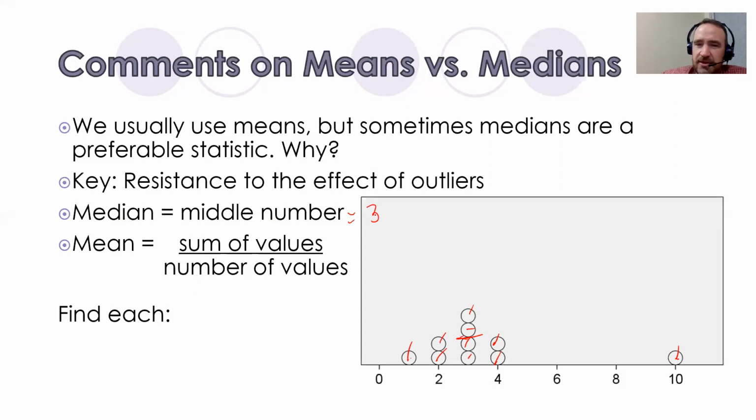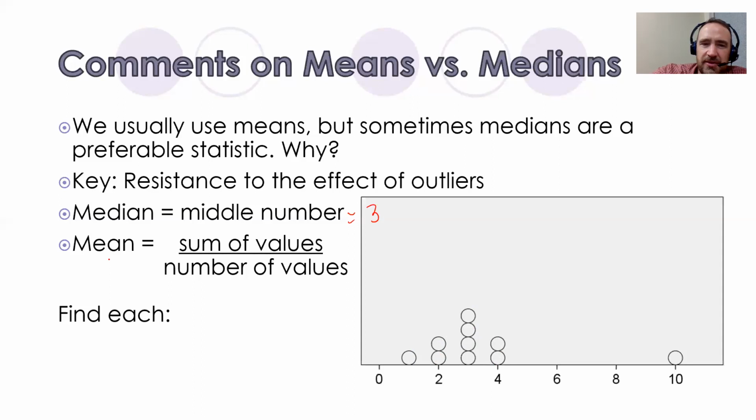That's the median. You'll note that this first one here, I would have checked it off if it were at 10 or at 6 or at 1,000. It doesn't really matter where it is. I just check it off as I count my way toward the middle. It's resistant to this being an outlier. It doesn't matter how far out it is.